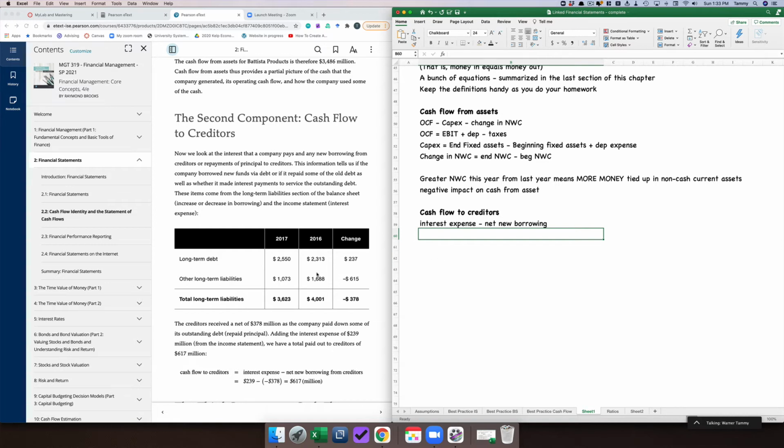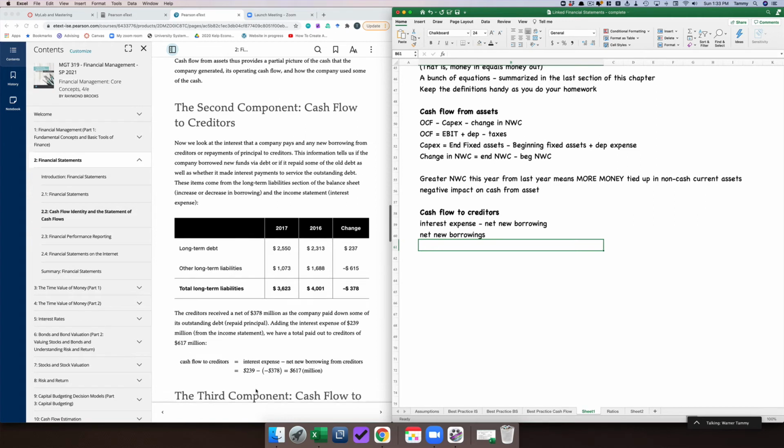Okay, and in this case, we had an interest expense of 239. And then our net new borrowing is going to be the changes in long-term debt. So here we have 237 million more in long-term debt and 615 million less in other long-term liabilities, meaning that we have a net negative change in long-term liabilities.